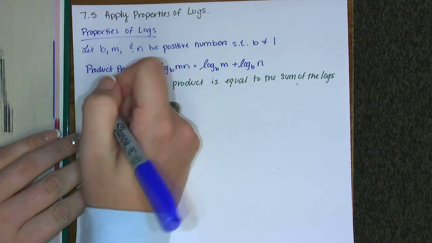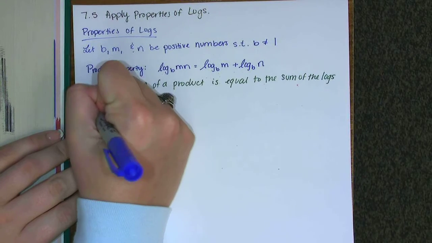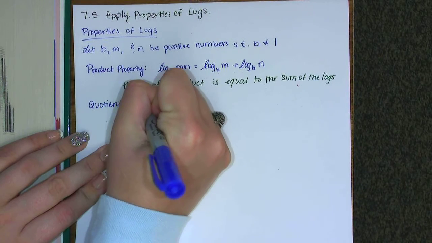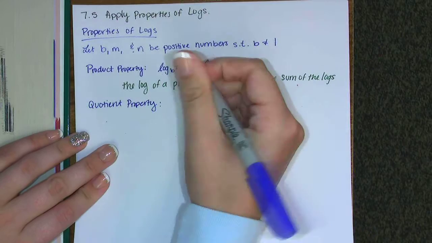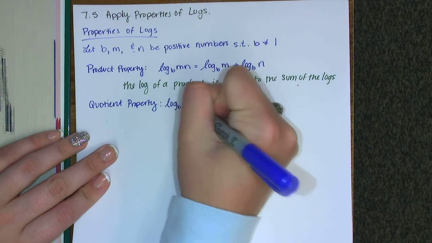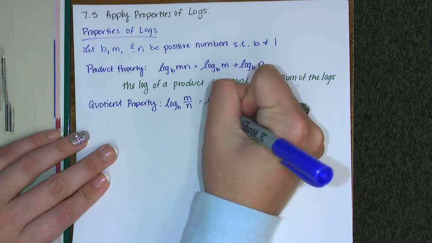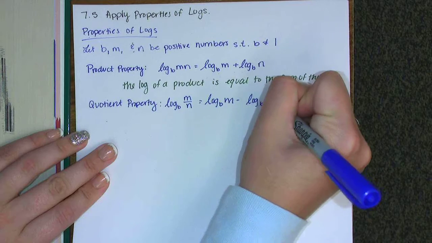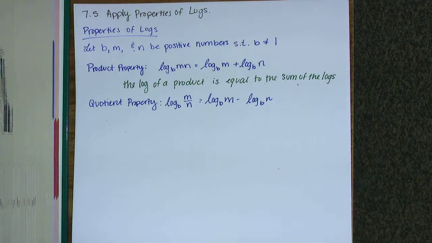The other property, or another one, is the quotient property. This says log base B of M over N is equal to log base B of M minus log base B of N. And there's a little handy-dandy saying to memorize this one as well.